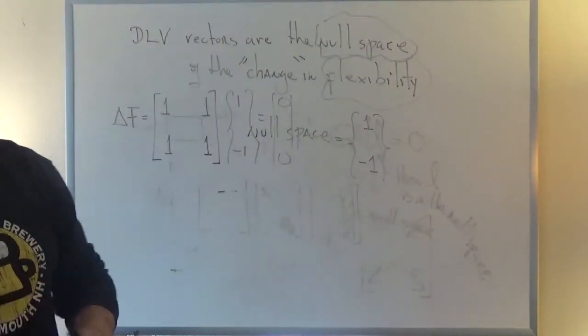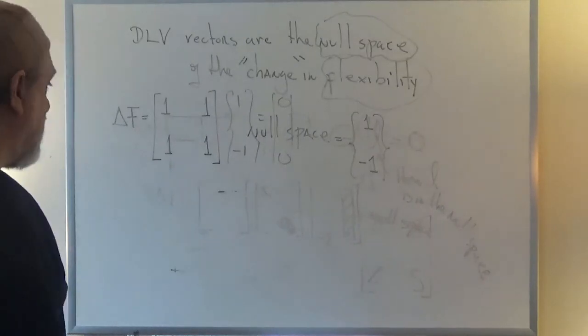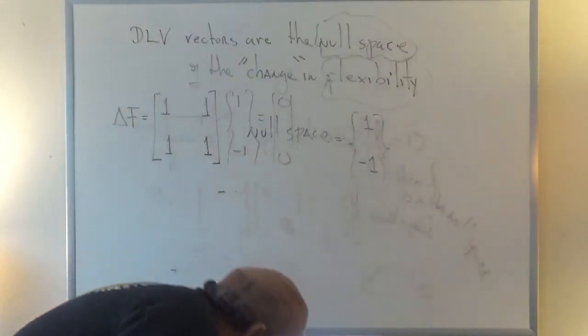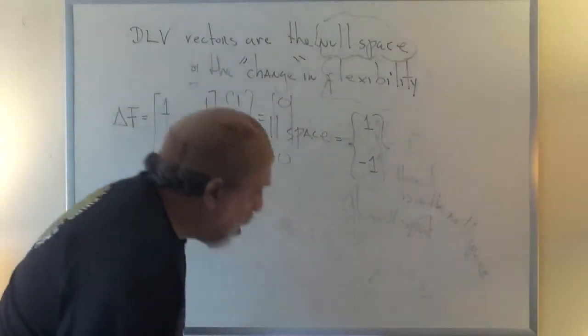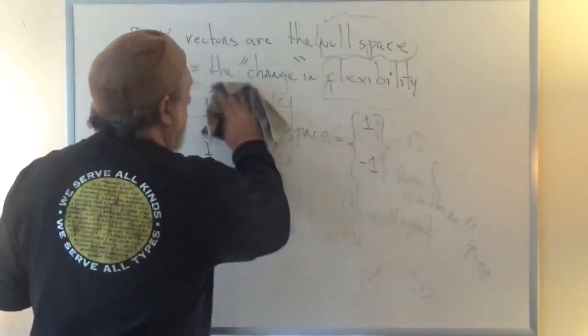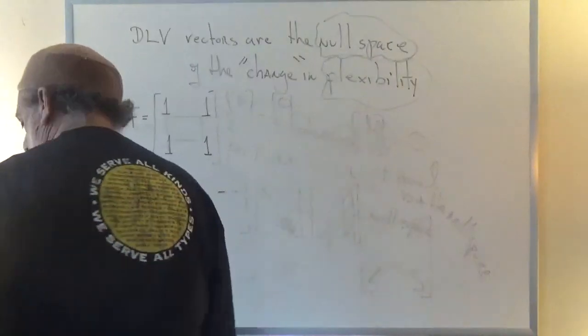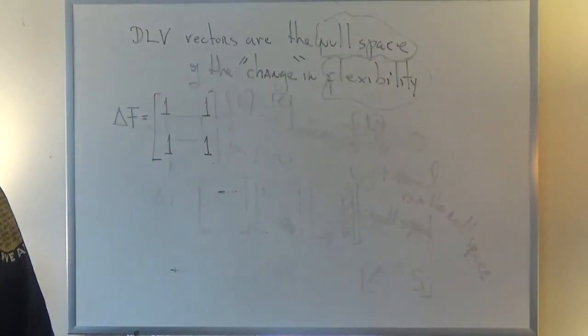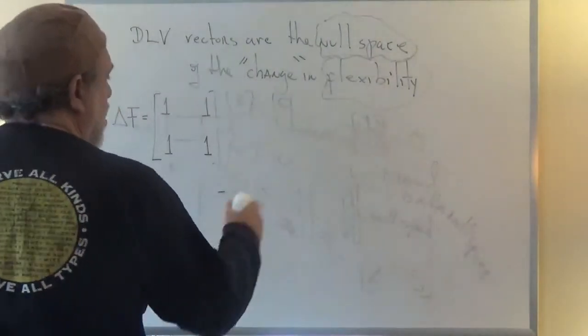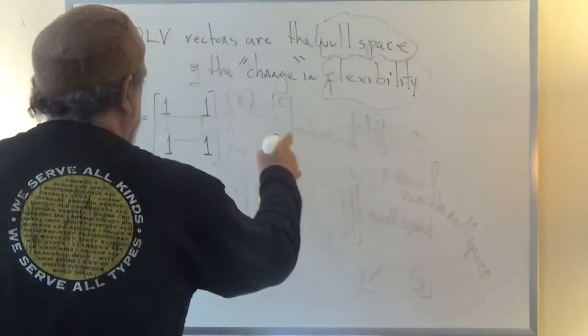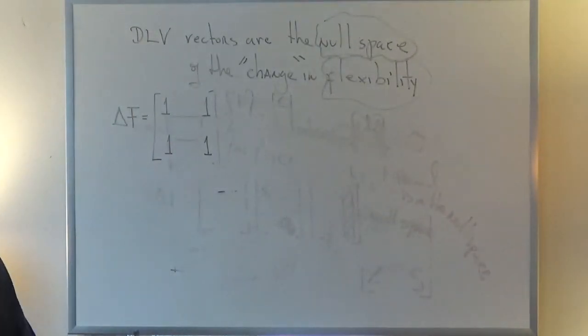Now you could multiply times 2 and minus 2, or 10 and minus 10, it doesn't matter, because the null space are shapes, not values. So we conclude then that the null space of our changing flexibility is 1 and minus 1.